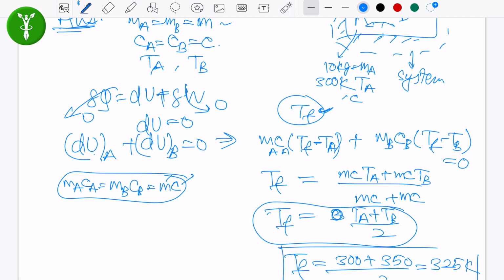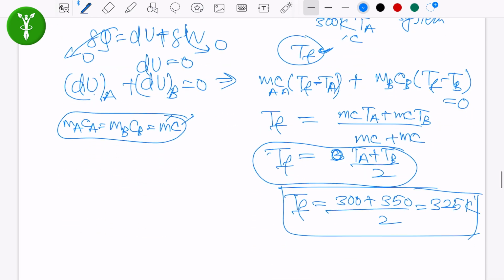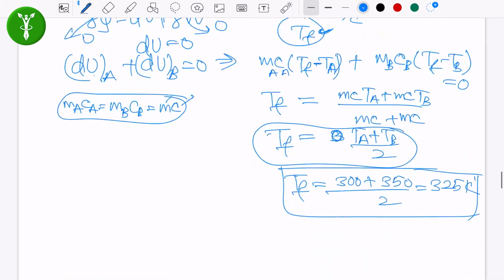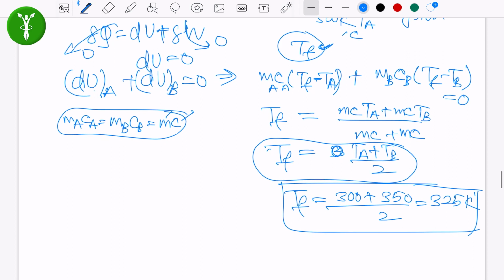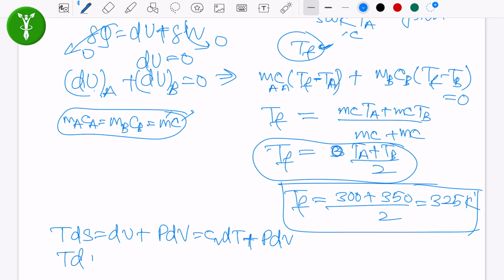Now, we have calculated the final temperature, and one can ask why. Because we have been given liquid. For liquids and solids, we calculate entropy using the TdS relation. TdS is equal to dU plus PdV, meaning CV dT plus PdV. And TdS is equal to dH minus VdP, CP dT minus VdP.